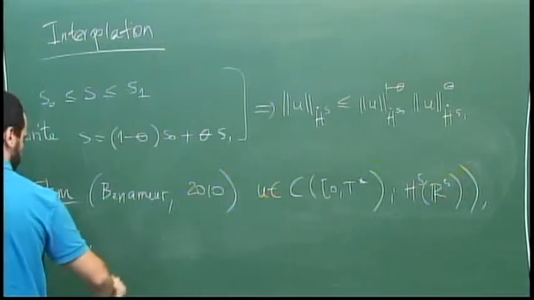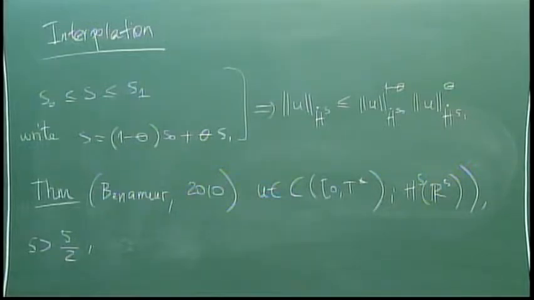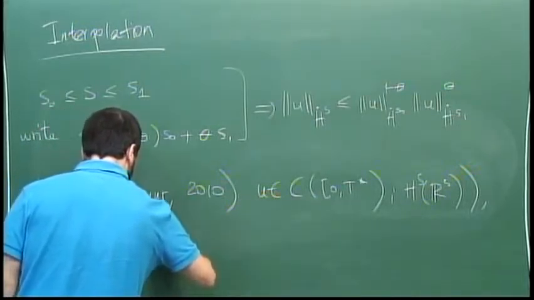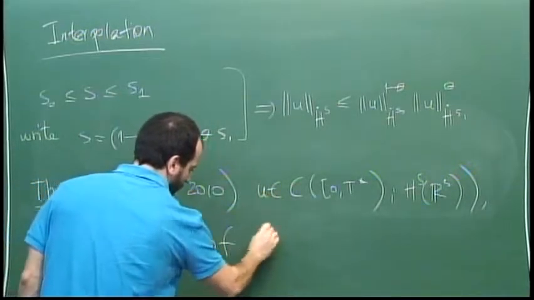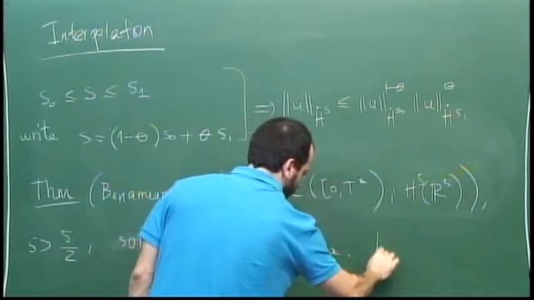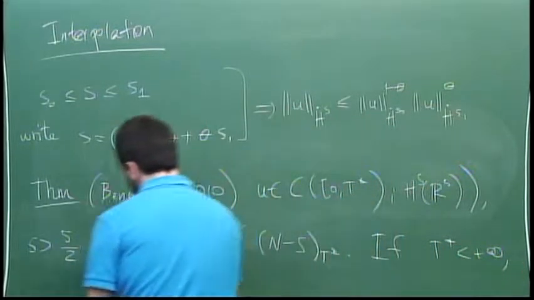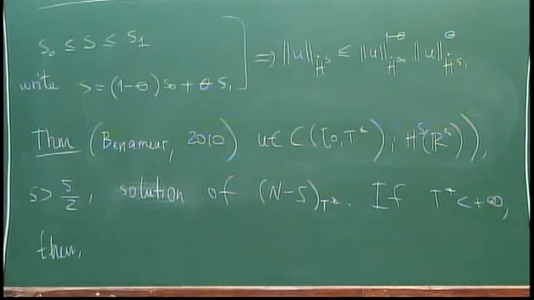So U is a maximal solution of NS, with T star the maximal time. If T star is finite, then he gets two different criteria.